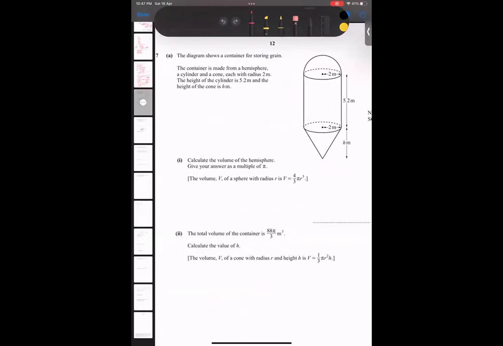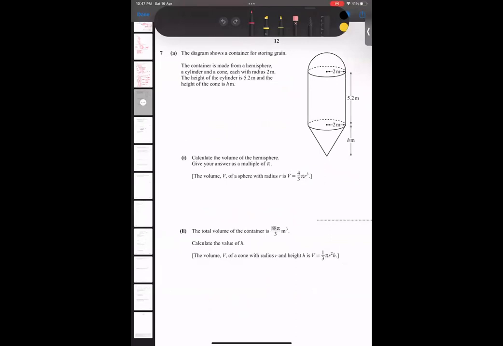Next is number 7. In this question, we have what? We have a hemisphere, we have a cylinder, we have a cone. Three things we have. Okay, so we need to calculate the volume of the hemisphere in terms of pi. So not a hard job. Volume of hemisphere, half times 4 by 3 pi r cube.